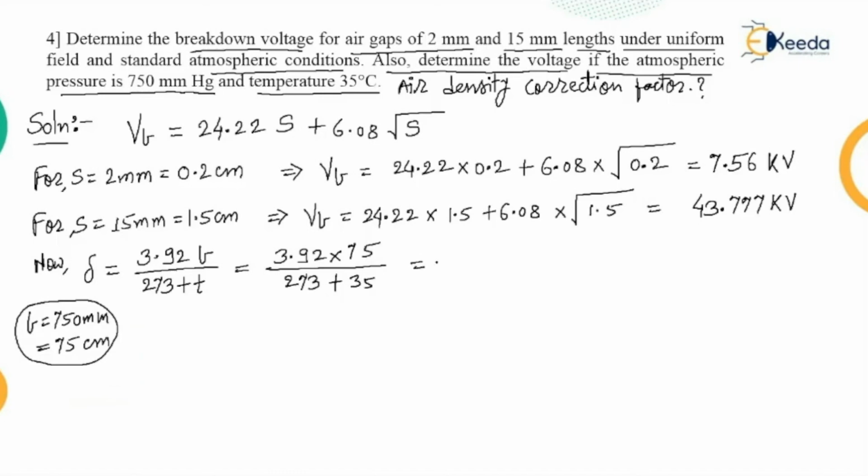With this, you get the value for delta, which comes out to be 0.9545.